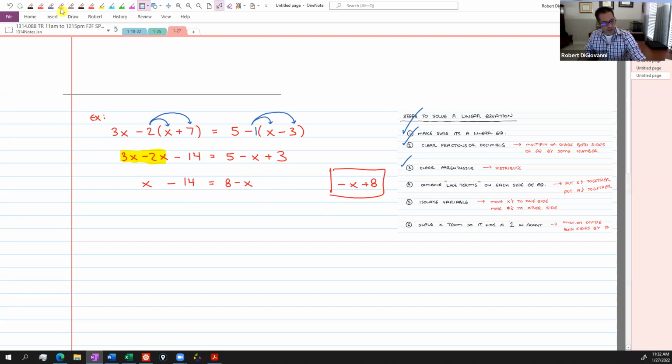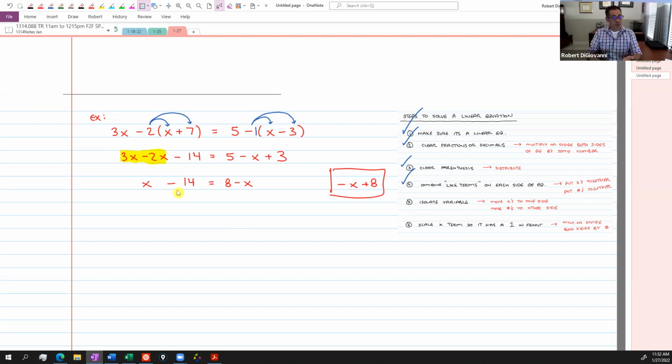Okay, good. We have done the 4th step. We have combined like terms. And now we have to isolate the variable. Now, this is a little weird because we have variables on both sides, right? We have the x's on the left and the x's on the right. So we need to get all the x's to one side and anything that's not an x to the other side. You can choose to do all the x's on the left or all the x's on the right.